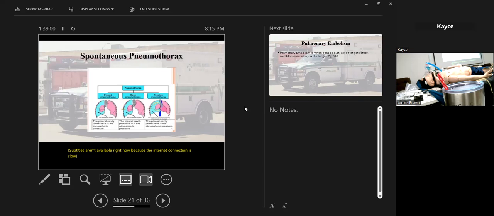Now, how to fix that? One of the things we don't want to do in this case is start adding a lot of pressure into that pleural space, right? Because what's going to happen? If we start putting CPAP on this patient, you're going to go from a controlled, simple spontaneous pneumo to a tension pneumo pretty quickly.